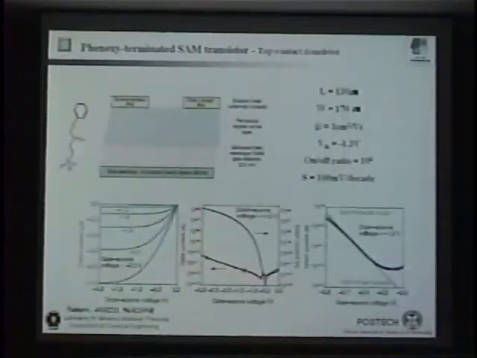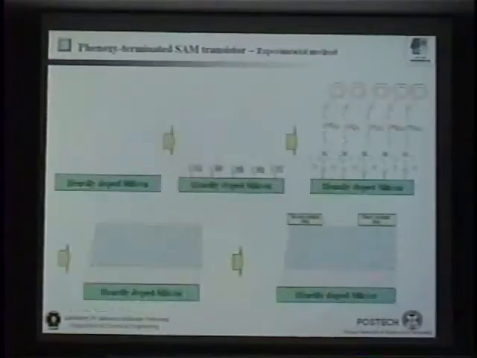This paper came from an article published in Nature. This is the method. They treat the heavily doped silicon with chemicals to make chemical oxides. Then you have OH groups on the surface, and you treat with this kind of SAM molecule.